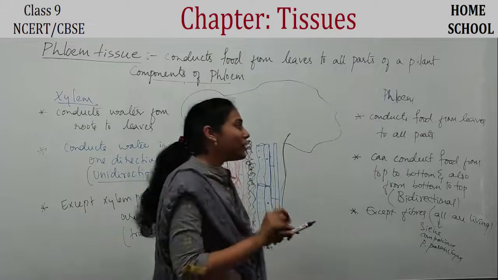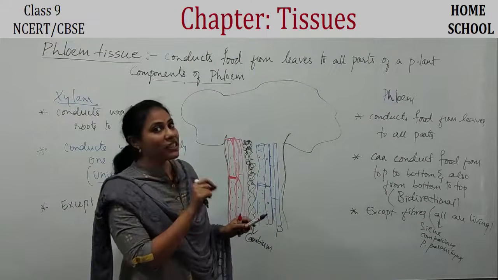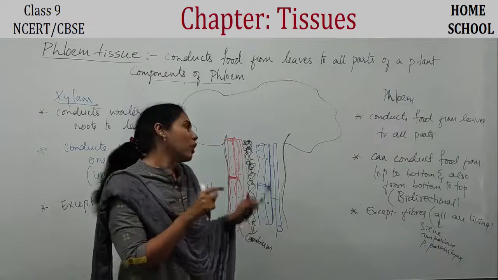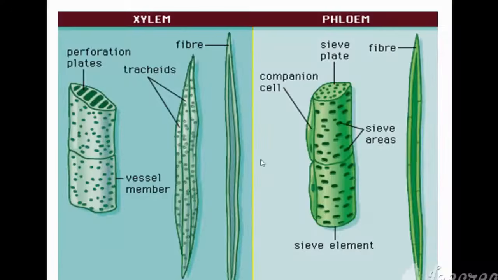And now we will see certain pictures and a beautiful visual on xylem and phloem. See the xylem, these are the vessels, and the elongated things are the tracheids, and this is fiber, the xylem fibers, the dead cells. All the three are actually dead cells only.